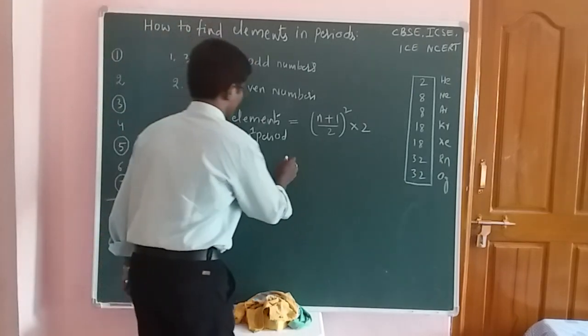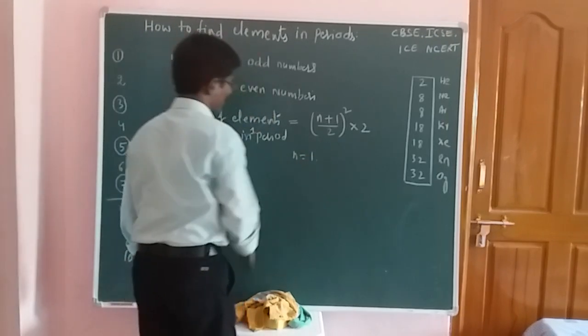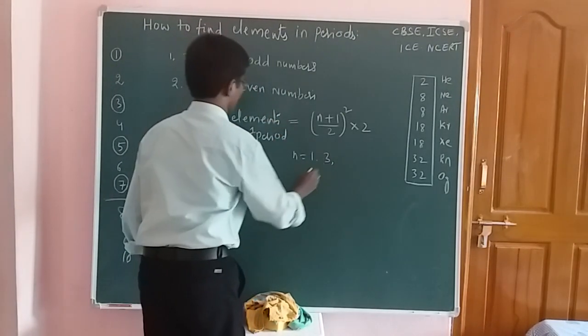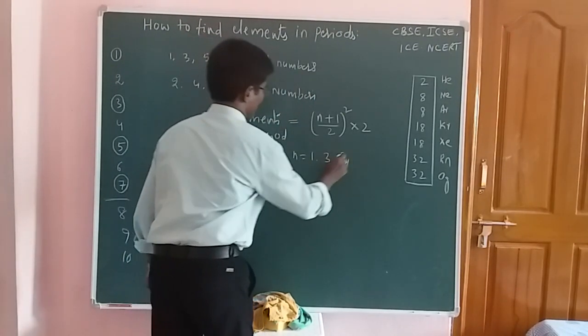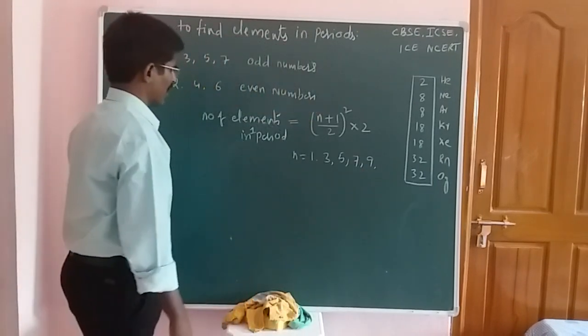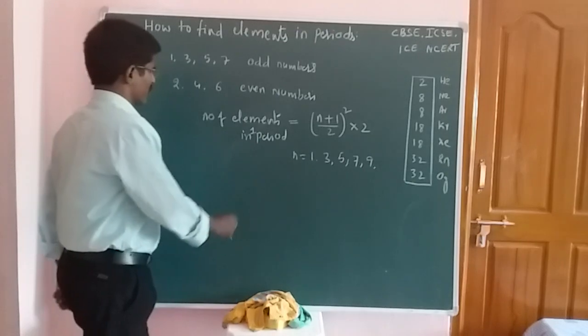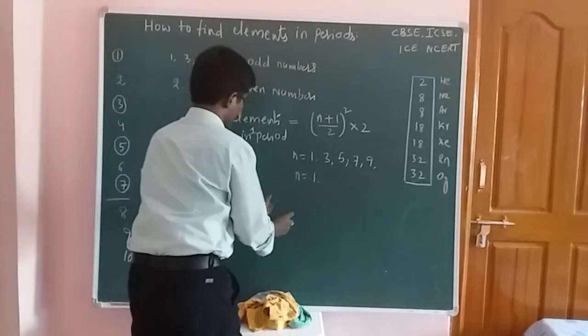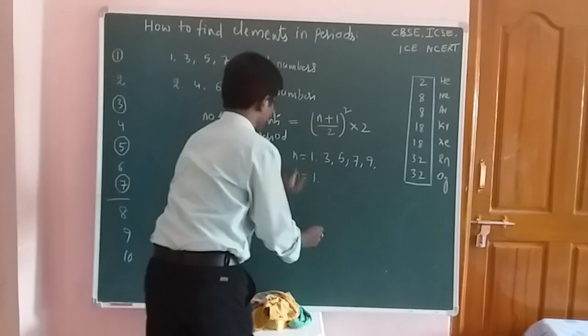So what is the n value here? Here n is equal to 1, then n is equal to 3, n is equal to 5, n is equal to 7, n is equal to 9, like that, the odd numbers. So students, now the n value is equal to 1. You have to substitute this value in the formula.